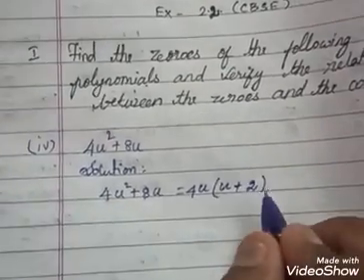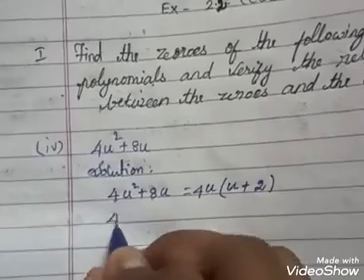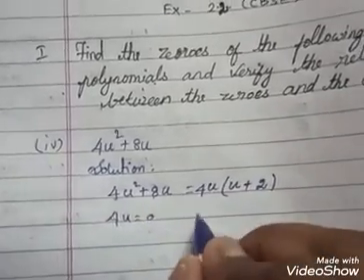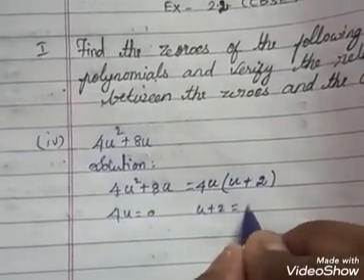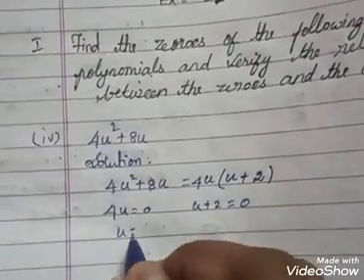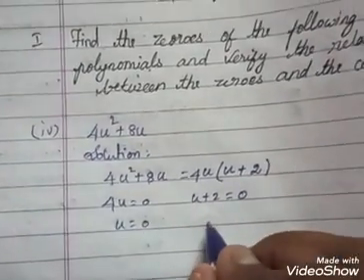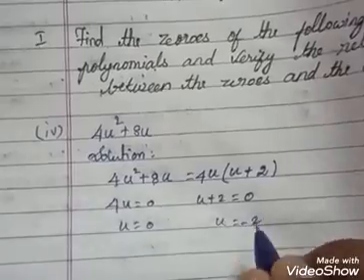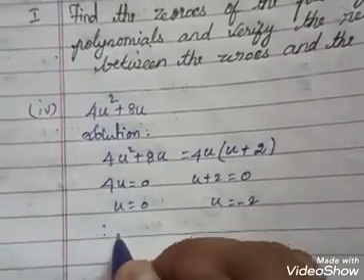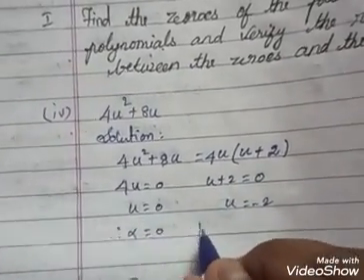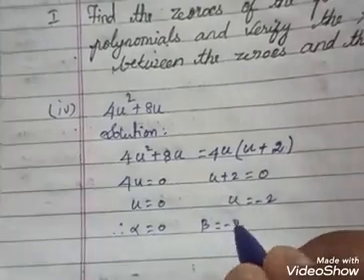So 4u times (u plus 2) equals 0. So 4u equals 0, u equals 0, or u plus 2 equals 0, then u equals minus 2. Therefore alpha equals 0, beta equals minus 2.